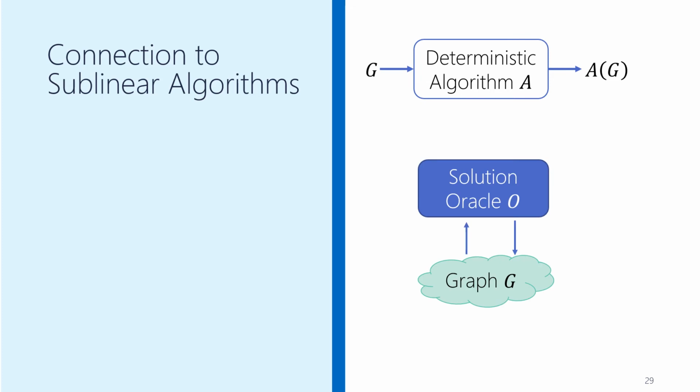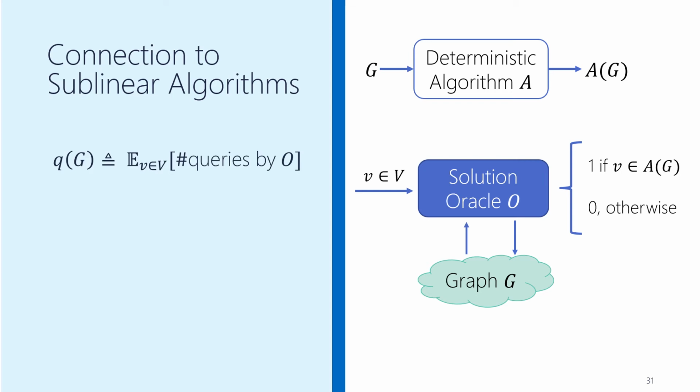Consider another algorithm, which we call a solution oracle. The solution oracle gets query access to a graph G, gets an input vertex V, and outputs whether V is part of the solution of A on the graph G. The queries made by O to G are neighbor queries.